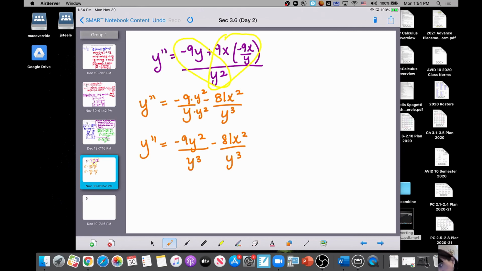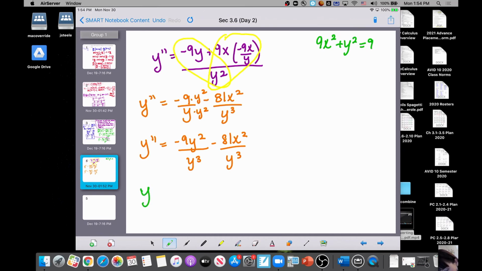And I'm getting close to something good here. My original equation for this problem, I'm going to write it down up here, was 9x squared plus y squared equals 9. So what if I were to factor out a negative 9 from both terms?